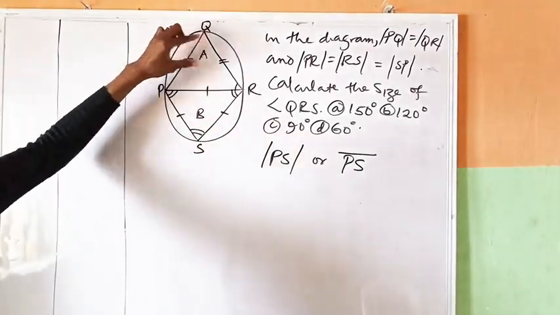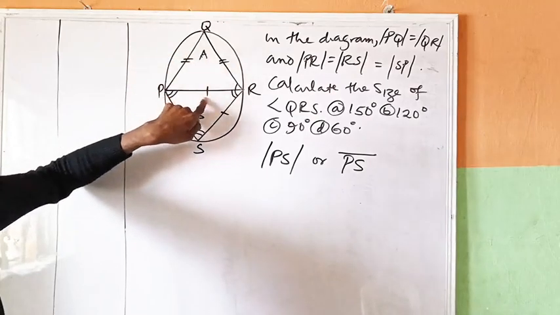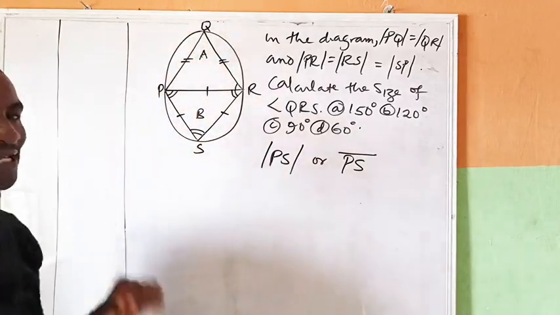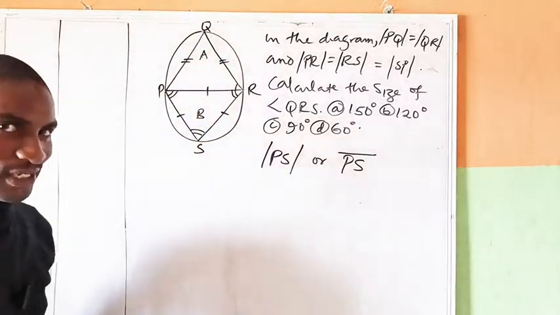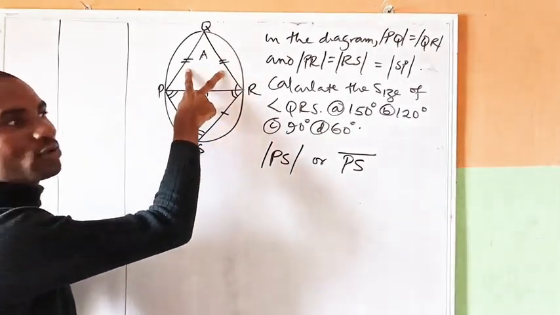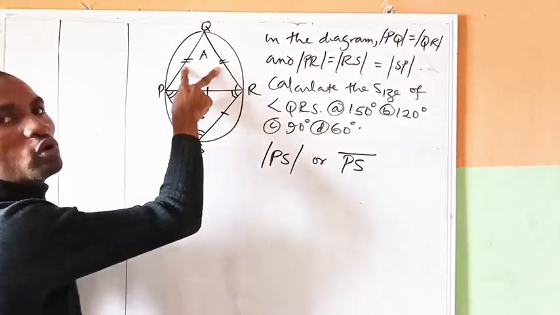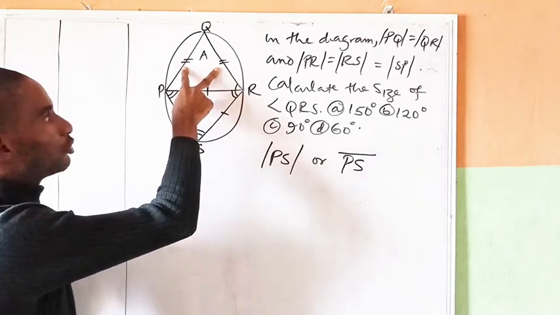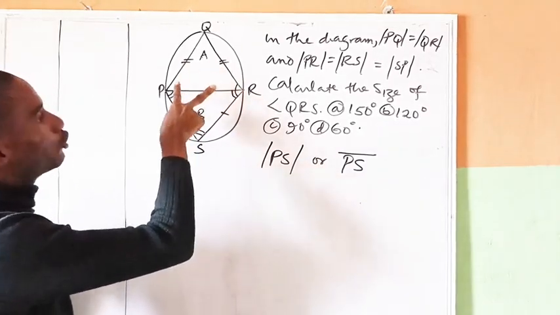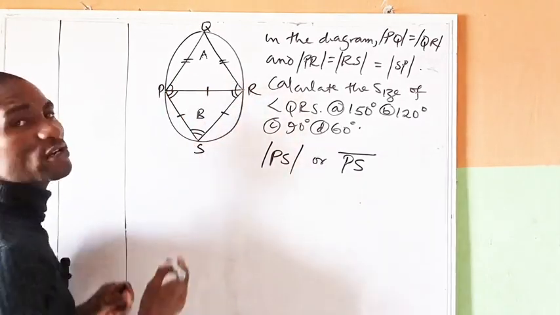While for triangle A, can you see this double line, but a single line here? This is an isosceles triangle. What is an isosceles triangle? An isosceles triangle has 2 sides equal and the 2 base angles are equal. So this angle and this angle are equal.